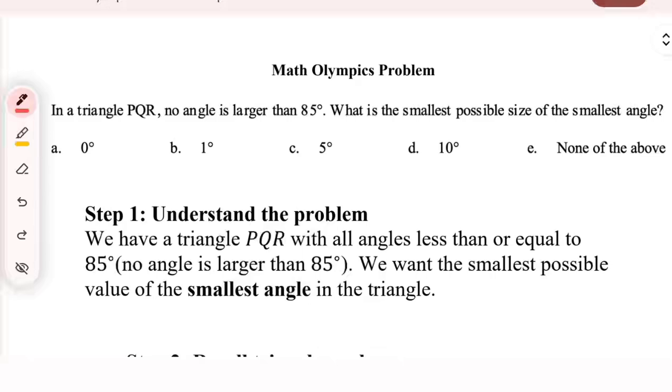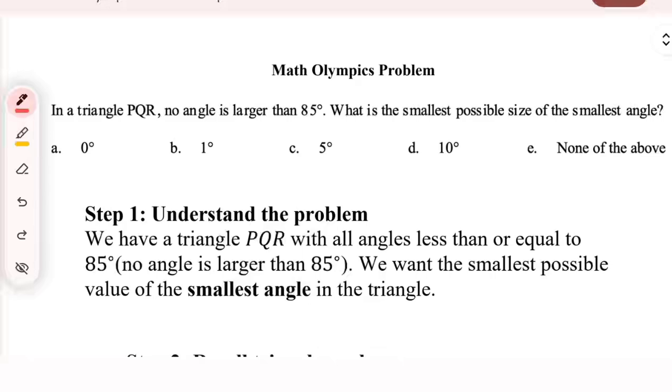So the first step, you need to understand the problem. We have a triangle. The corners of the triangle are P, Q, and R, with all angles less than or equal to 85 degrees, because that is how it is stated. There's no angle larger than 85. This means interior angles, okay? So there's no interior angle in the triangle that's larger than 85 degrees.